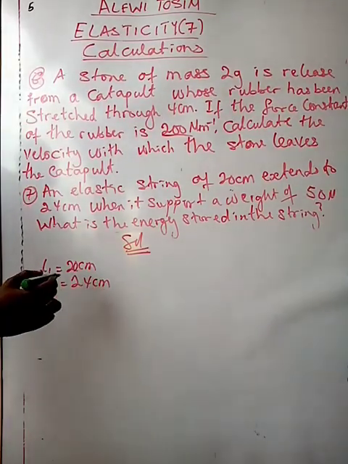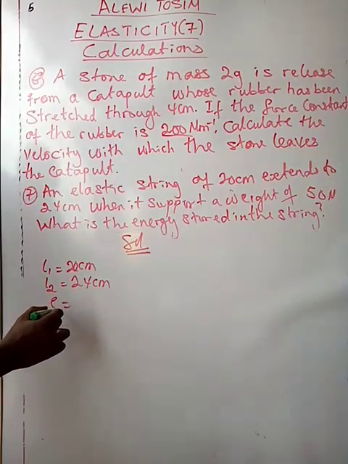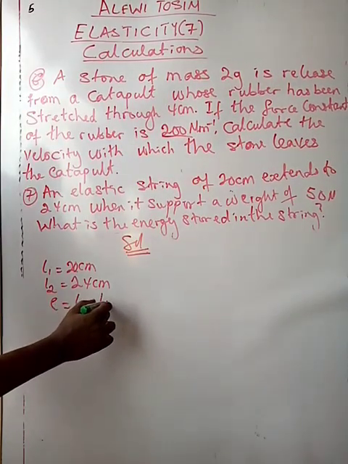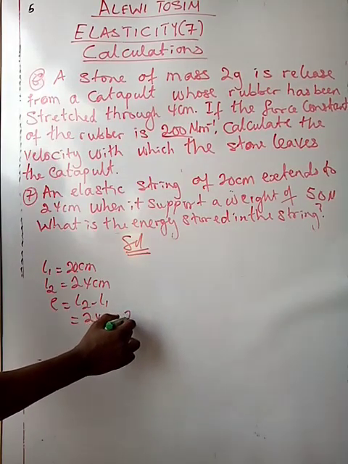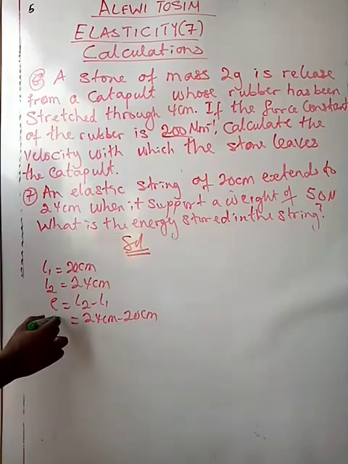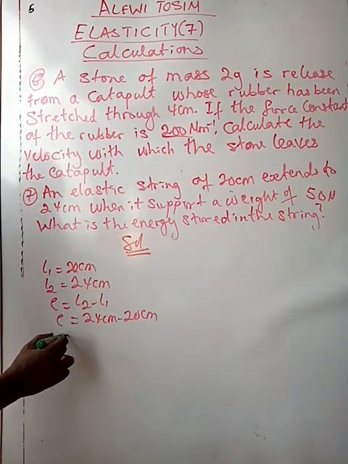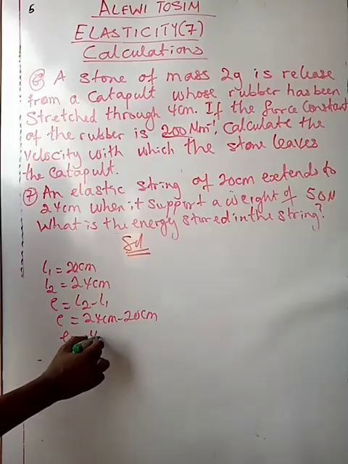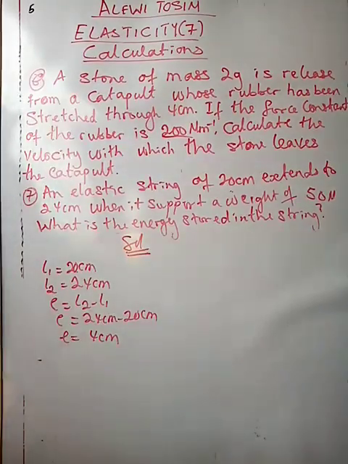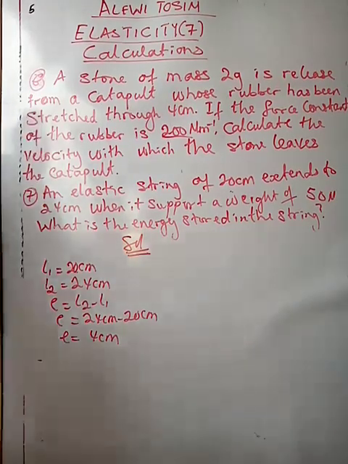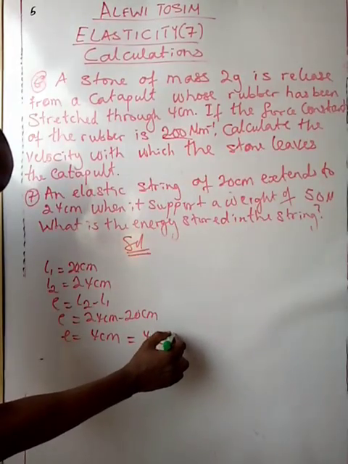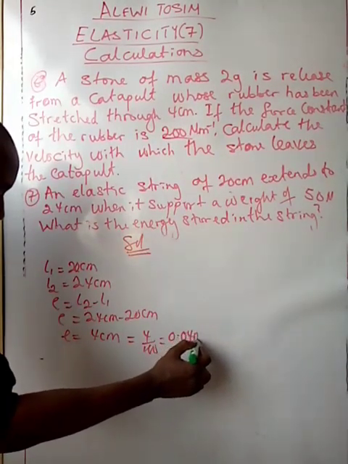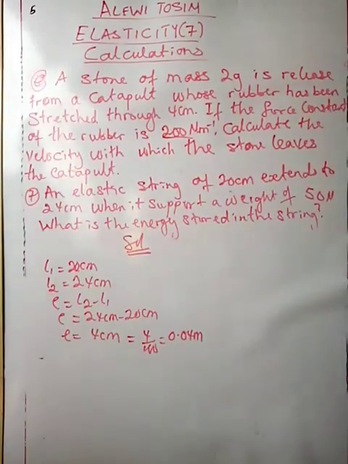So our extension e is L2 minus L1, which is 24 centimeter minus 20 centimeter, which means our extension is 4 centimeter. Converting to meter, that is 4 divided by 100, which gives us 0.04 meters. So that's the extension.